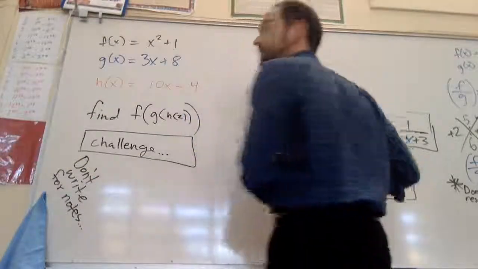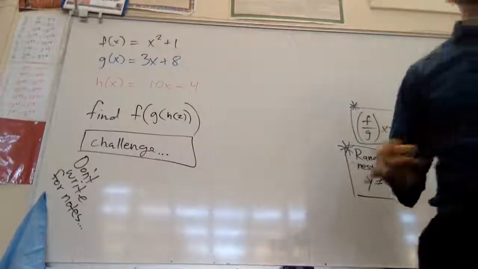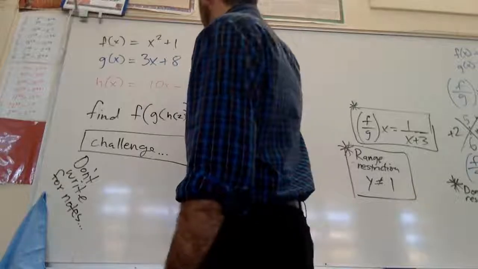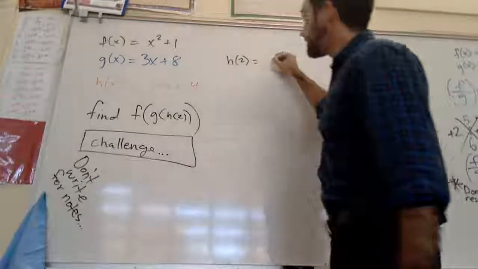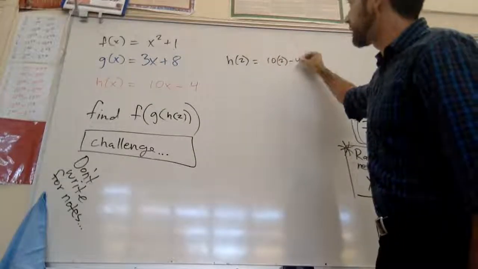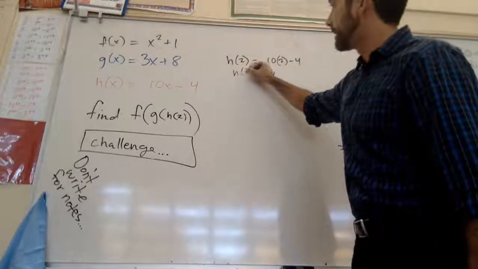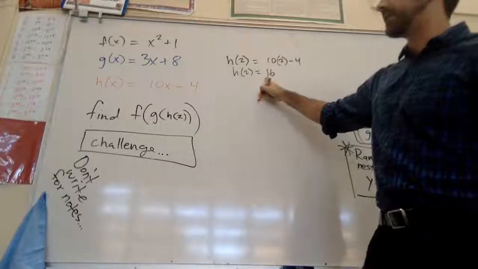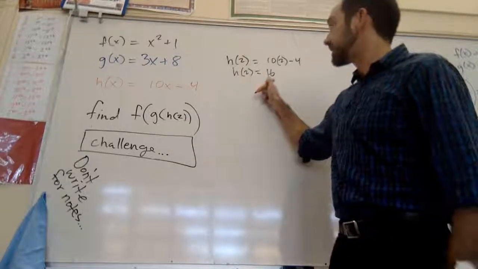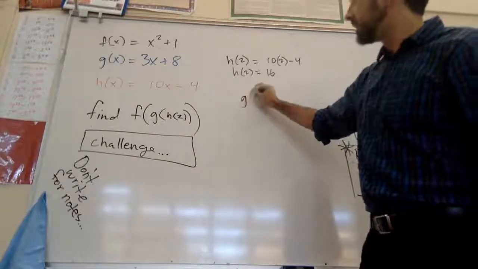I'll do this quickly because this isn't a skill you'll practice today, but you need to see it. h of 2 is equal to 10 times 2 minus 4. That's 20 minus 4, 16. So h of 2 is equal to 16. So guess what's next? g of 16.